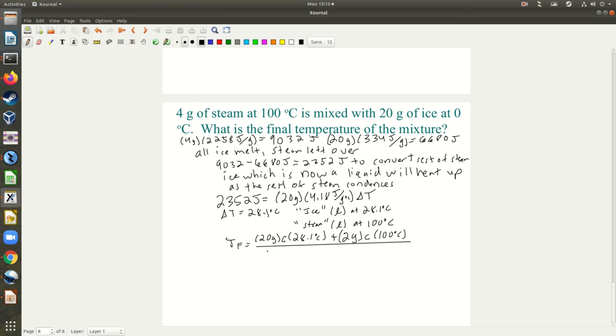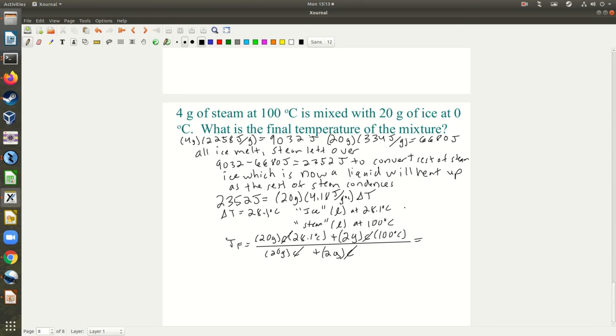And that's going to give me in the bottom 20 grams C plus 2 grams C. Now I told you that it's rare that things cancel, but since I'm dealing with water and water, surprise, surprise, the C's will cancel. That's why I just wrote C. I knew this was going to make my life a little bit easier when I input it in the calculator.